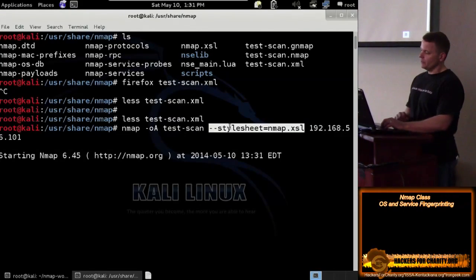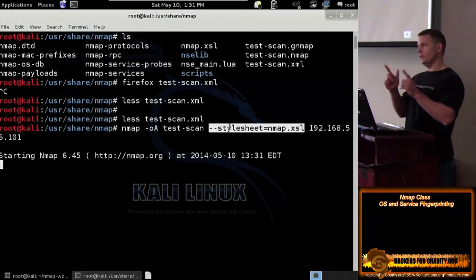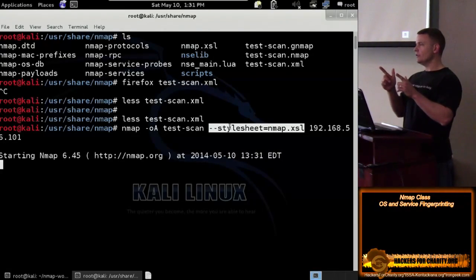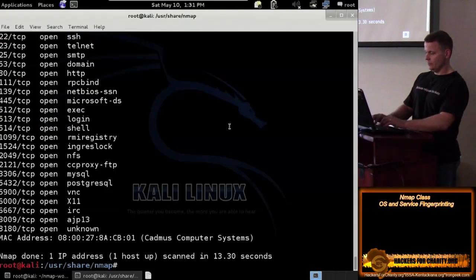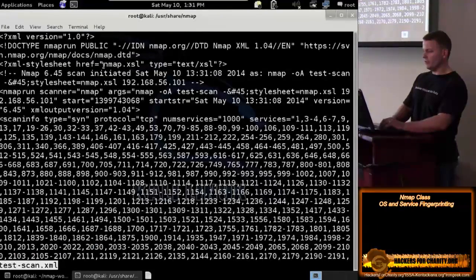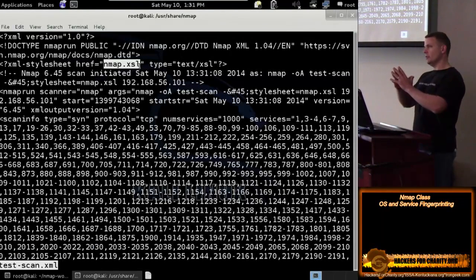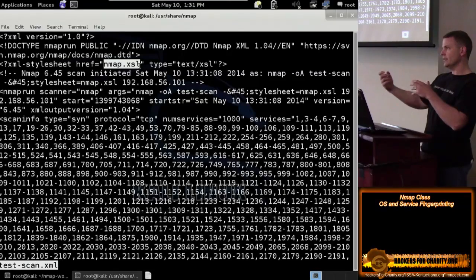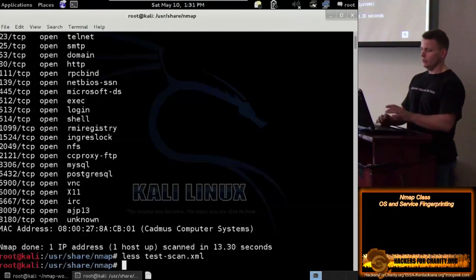And you'll notice that one little switch will change the href in the XML document. Okay, so now it's just nmap.xsl, what we said earlier. So if you were to send the XSL and the XML together, then when somebody opened up the XML in their browser, the XSL would be right there next to it, and it would all work like magic.